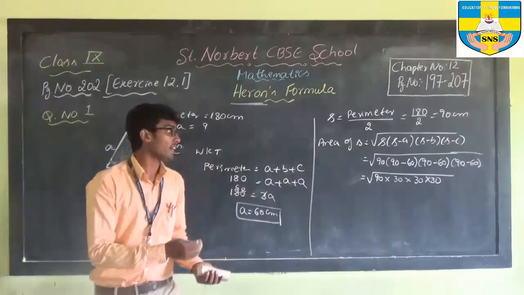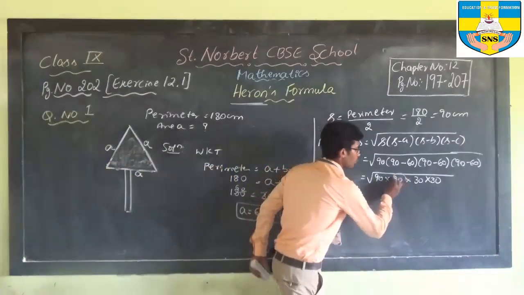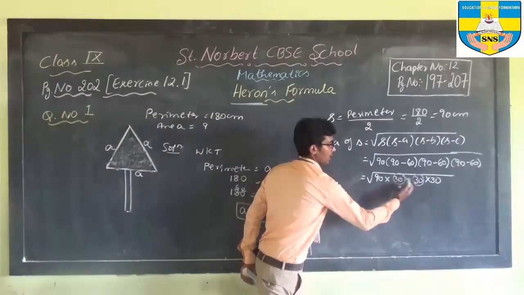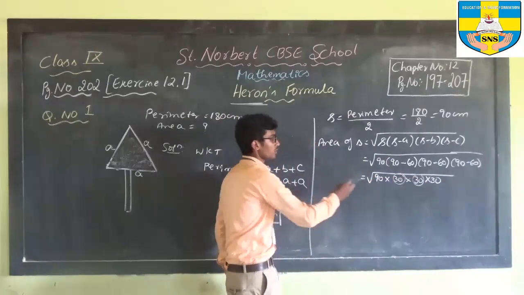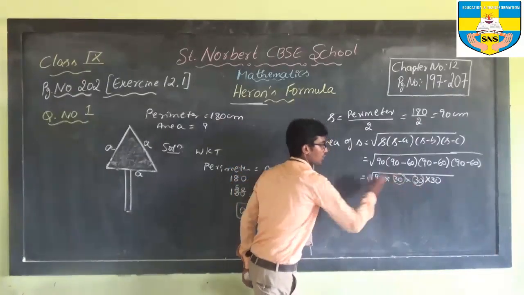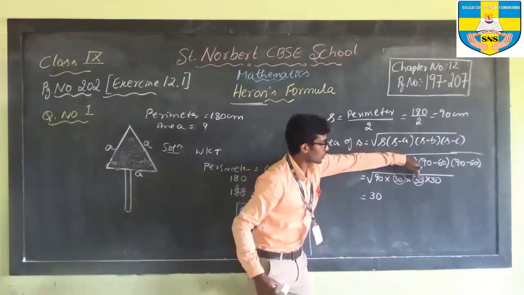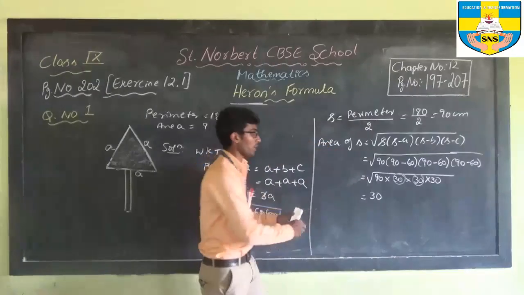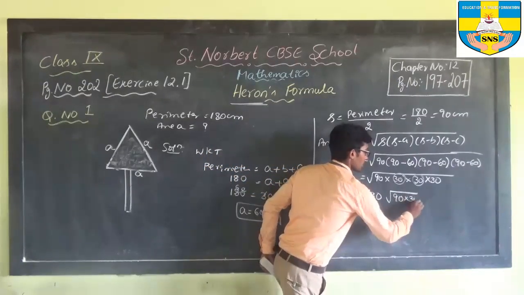Okay, so now we have a simple calculation. You can make a group of two same numbers inside the square root and take one number out of the square root, it will become 30. The remaining elements will be 90 into 30.